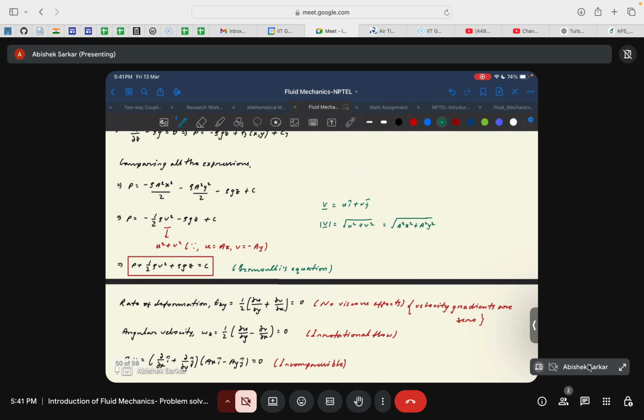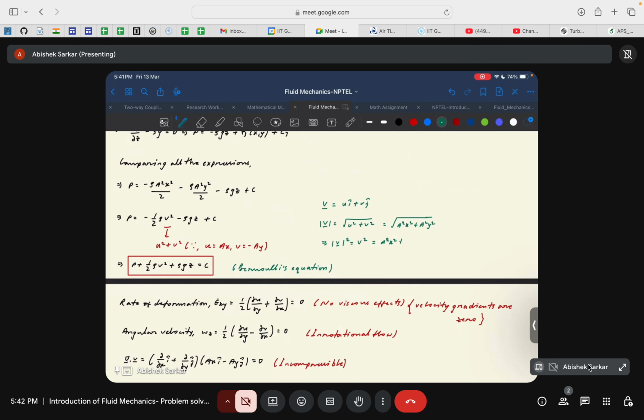So now if you square it, you will see that the square of the magnitude of the velocity field, that is V square, will be equal to a square x square plus a square y square.